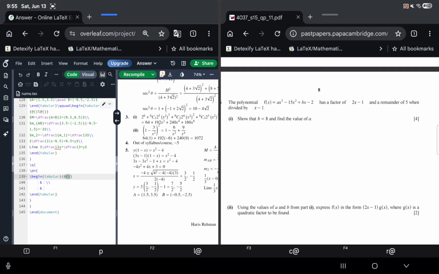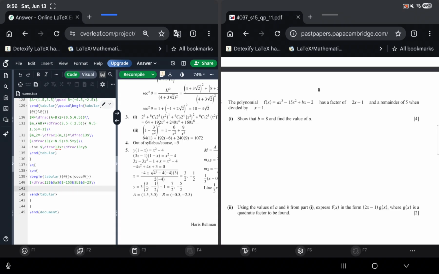So this is synthetic division, and we get 4 terms. Okay. Now this is a half, and we get a, negative 15, b and negative 2. Nice.